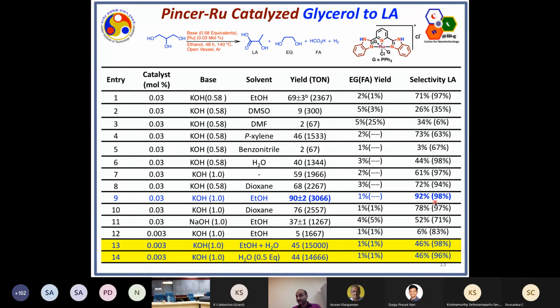So the selectivity is good. That means we are getting exclusively lactic acid. Not exclusively, it would be cheating to say that. But at a much lower loading of catalyst and in the presence of water, we get about 44% with 96% selectivity. Turnovers are higher.